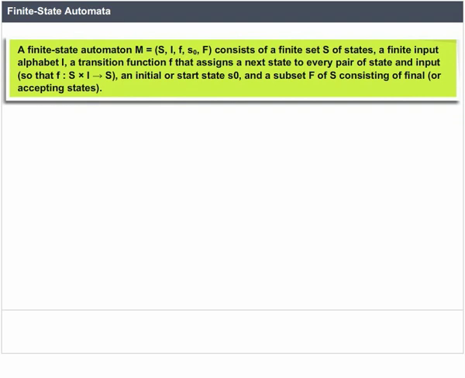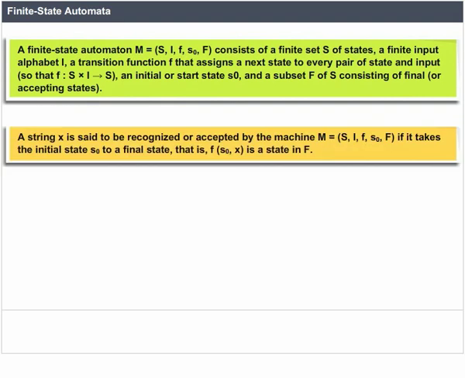A string x is said to be recognized or accepted by the machine M = (S, I, f, s0, F) if it takes the initial state s0 to a final state, that is, f(s0, x) is a state in F.